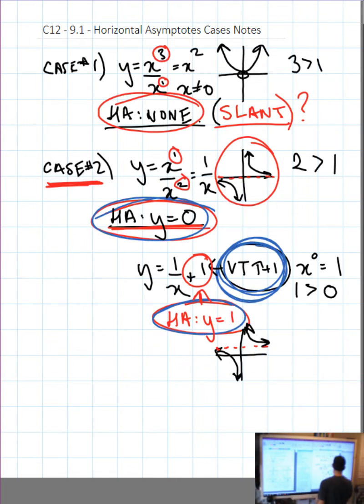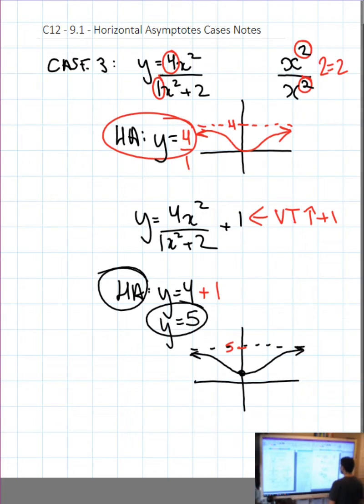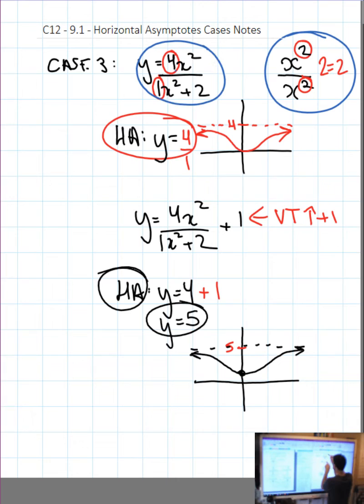Case 3, if the exponent is the same on the top and the bottom, 2 and 2, y equals the fraction of the coefficients of the x squared terms, 4 over 1.